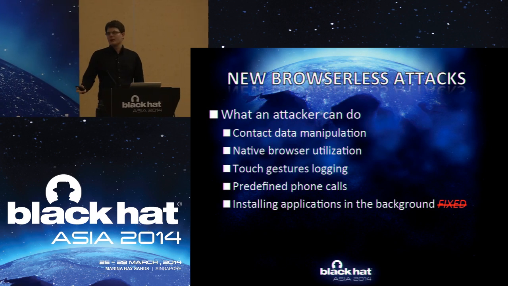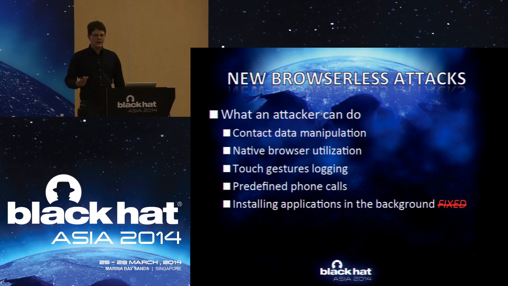So what can an attacker do? An attacker can manipulate contact data. It can use your browser to surf on web pages. It can close the browser in the background. It can log your touch keystrokes, so we have a keylogger. It can do predefined phone calls. We saw that.